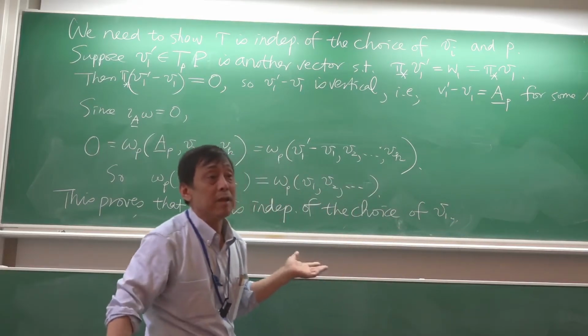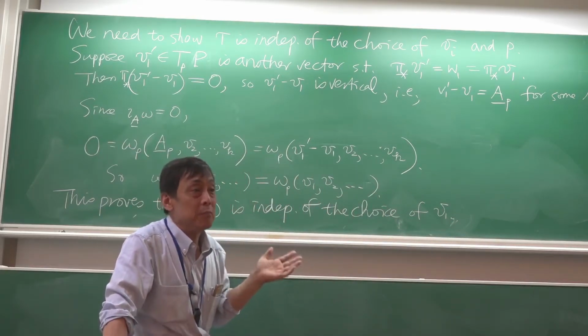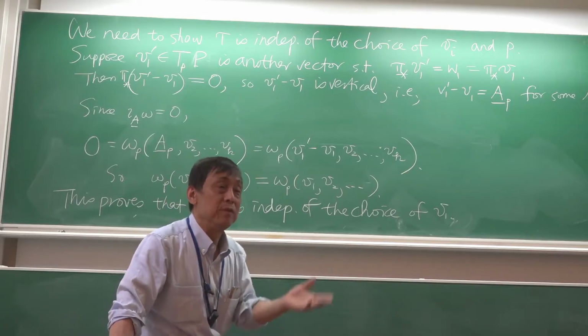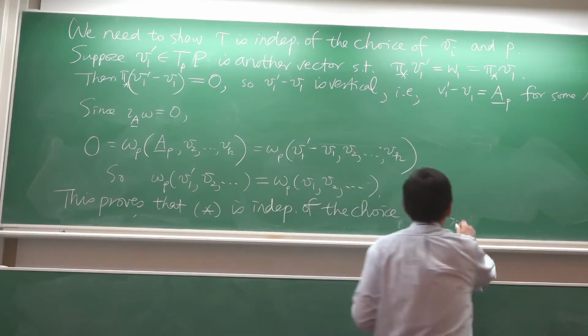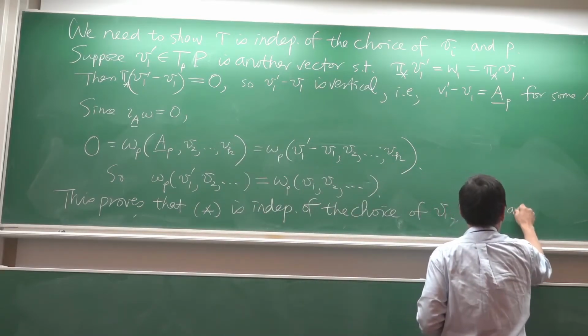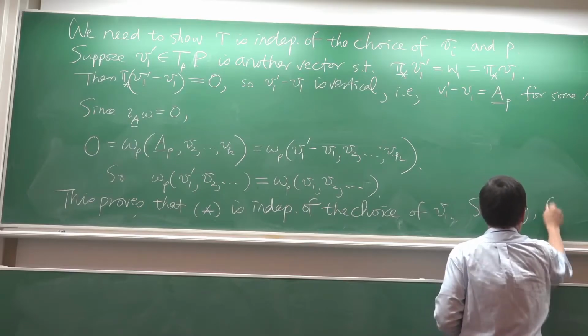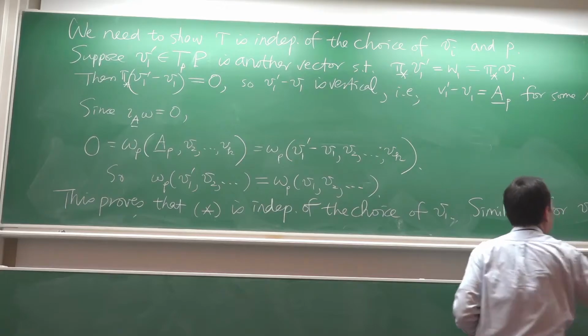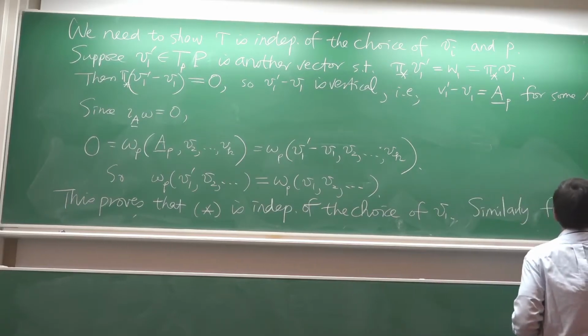And in the same way, you can prove that it's independent of the choice of V2 and V3 and Vk. Okay? So similarly, for V2 to Vk.